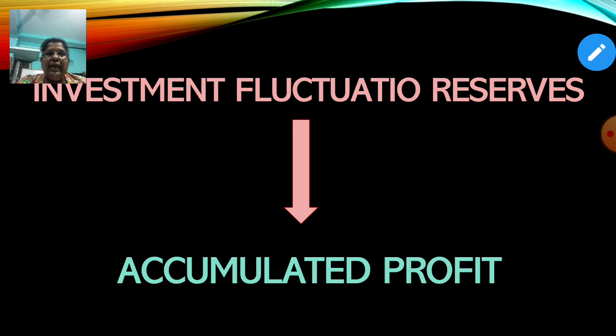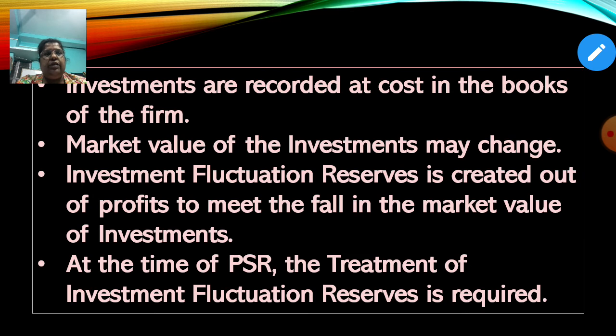Why? Because it is a part of the old profit. So the old partners are entitled to get this profit, not the new partner. But in case of change in profit sharing ratio, what treatments shall we follow to record this investment fluctuation reserve? Let us come to know.